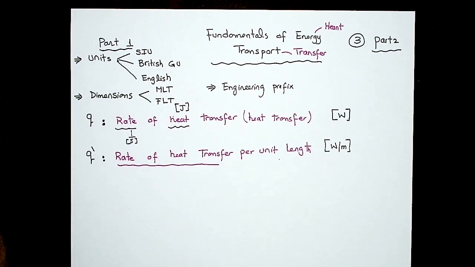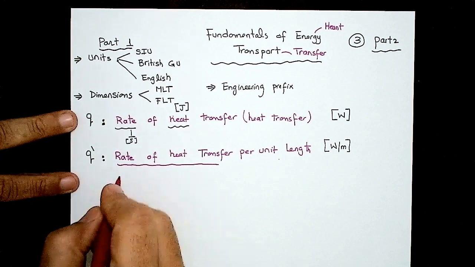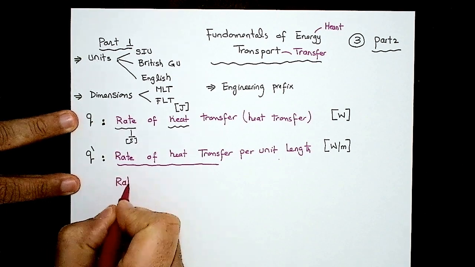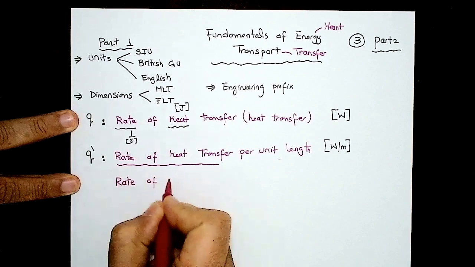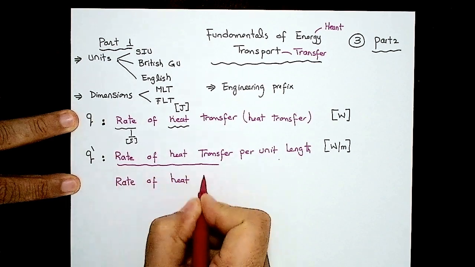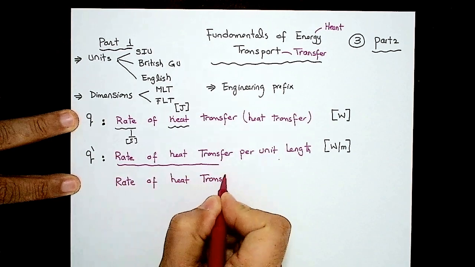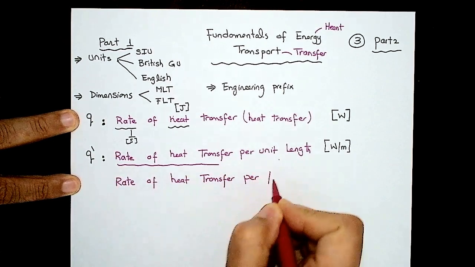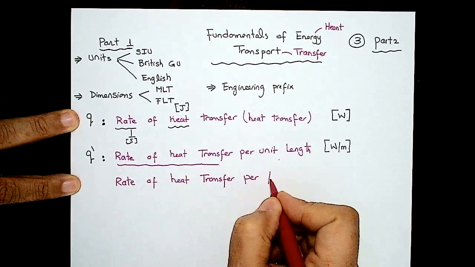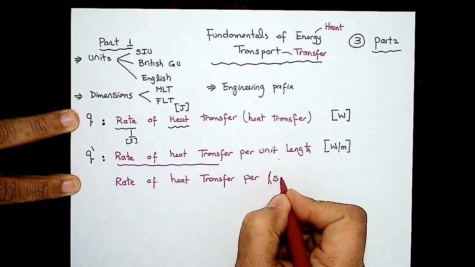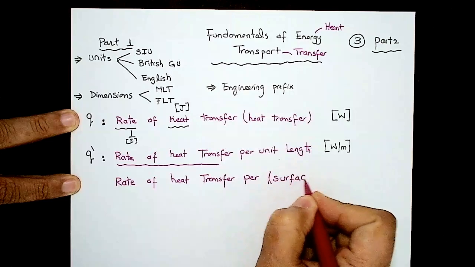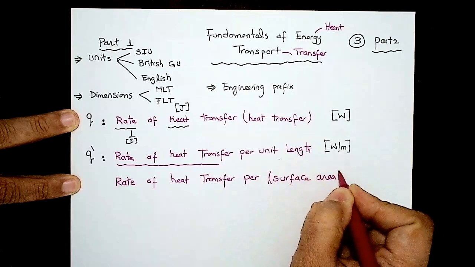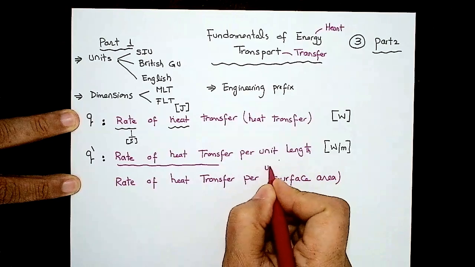Sometimes we need to calculate the rate of heat transfer, but instead of per unit length, we need it per unit surface area. So the rate of heat transfer per unit surface area.